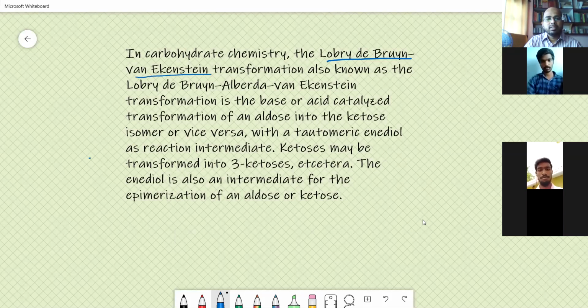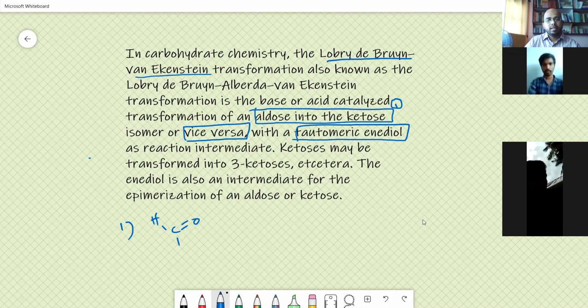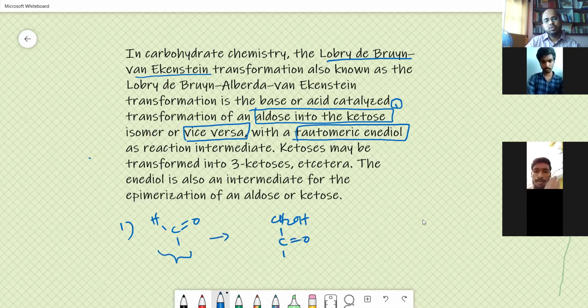Van Ekenstein method, the transformation known as base or acid catalysis, which converts an aldose into a ketose and also vice versa, with a tautomeric enediol. These are the three important points. The first one: if you have the CHO group here, it can be converted into CH2OH and C=O.